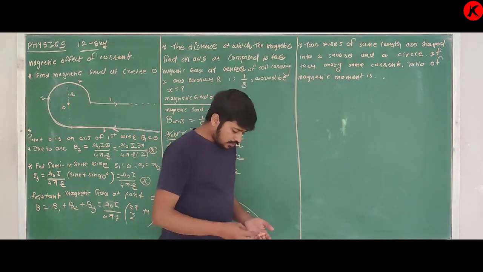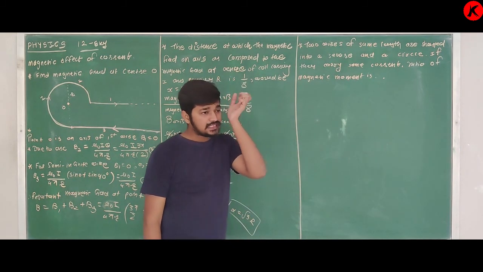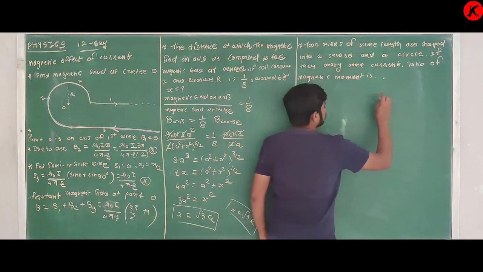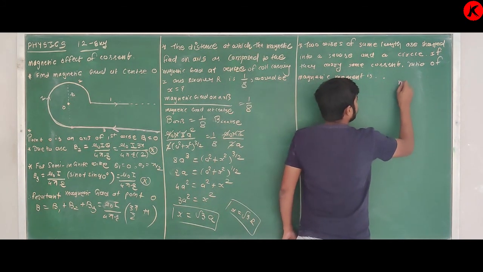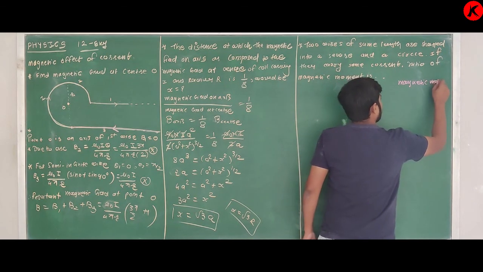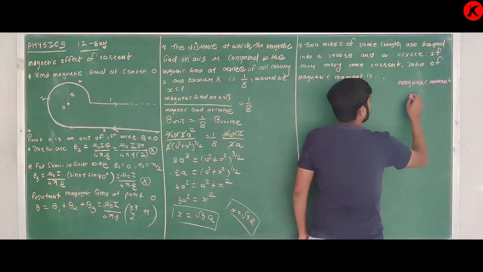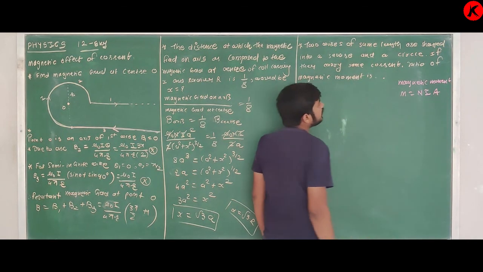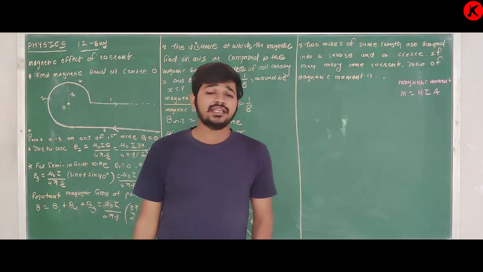What is equation of magnetic moment? Its equation is M is equal to N I A. N numbers of turns, I current, and A is area.